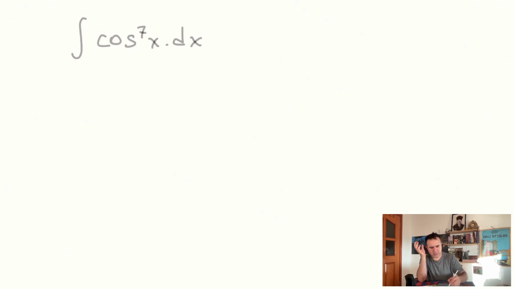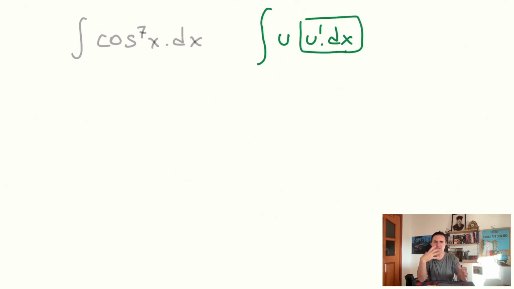If we have a function u and its derivative is multiplied by dx in the integral, then we can use the substitution method. It does not matter how u appears here.